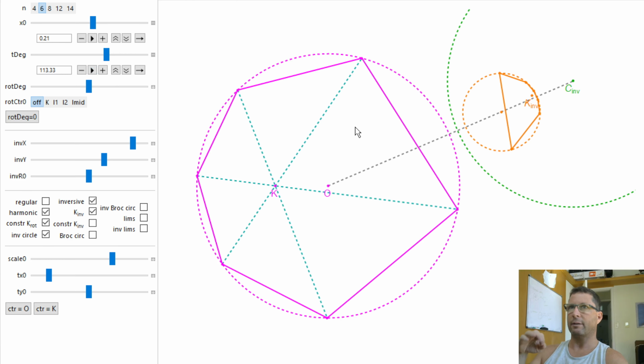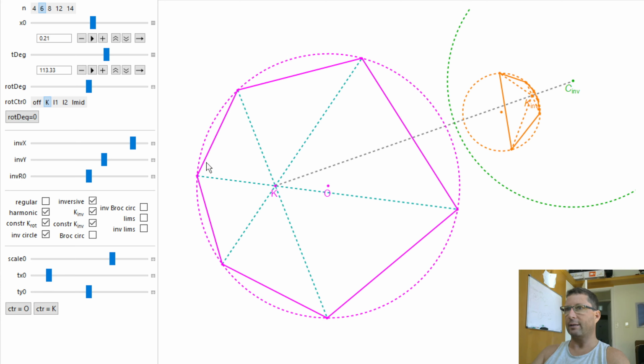But what we saw in the previous video was that if I executed a rigid rotation, so I'm going to freeze this family here, and execute a rigid rotation of this polygon, and let's draw the construction: the midpoint of the major diagonals of my inversive image harmonic polygon.